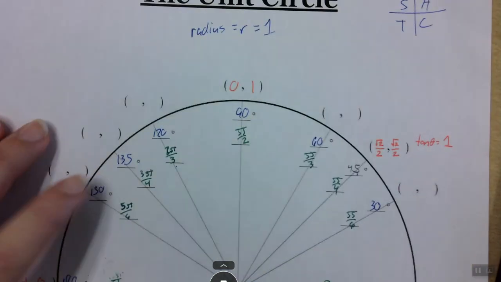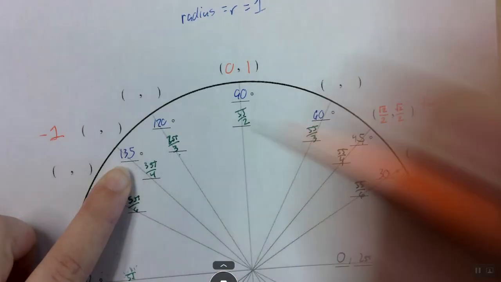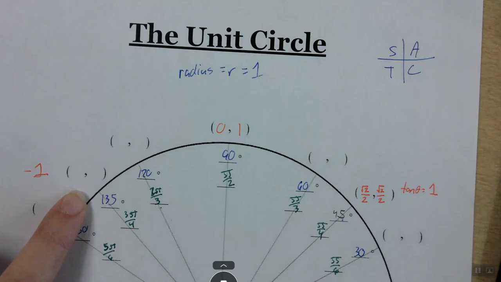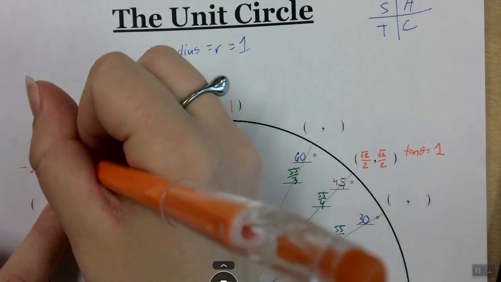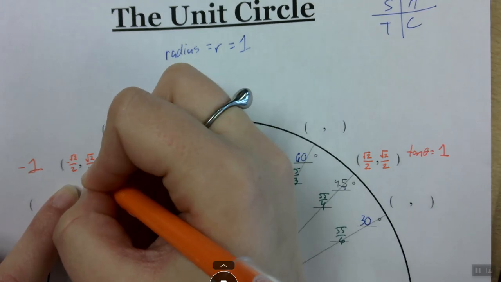Okay, let's scooch up. 135. Is my first number positive or negative? Negative square root of 2 over 2. And is the next one positive or negative? Positive.